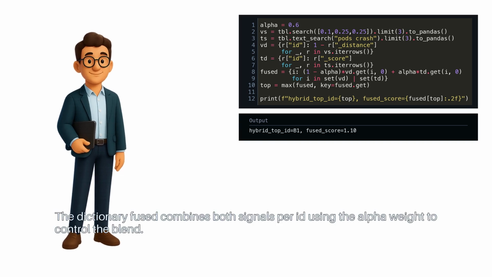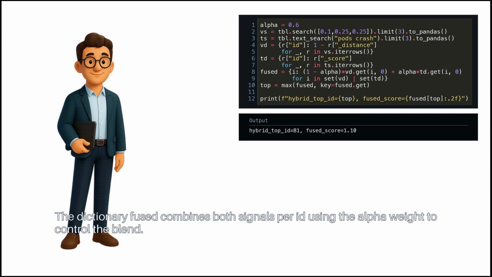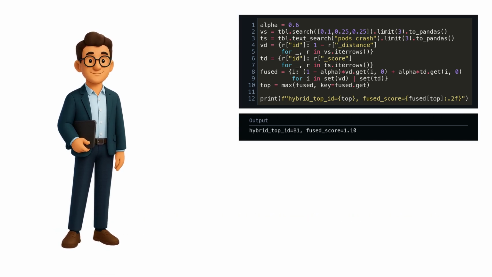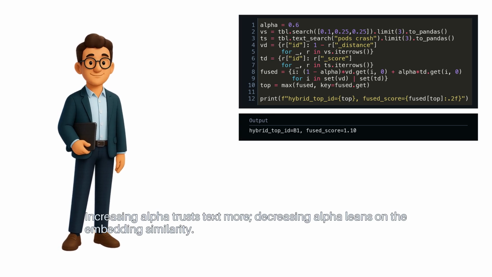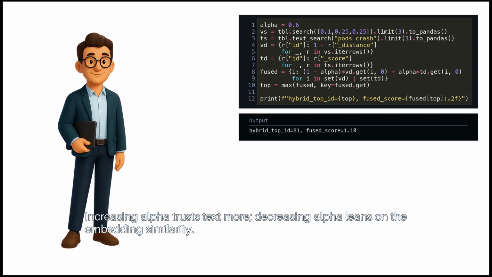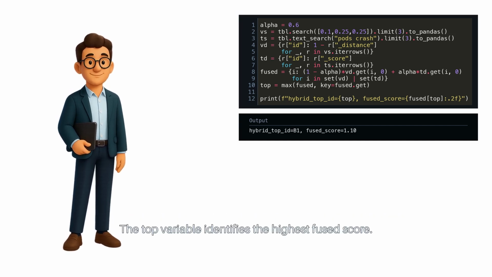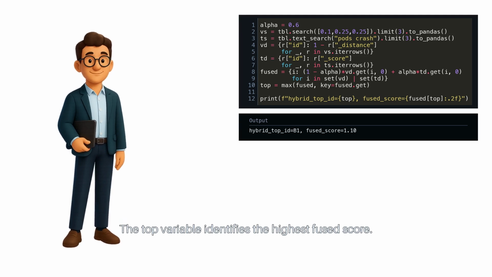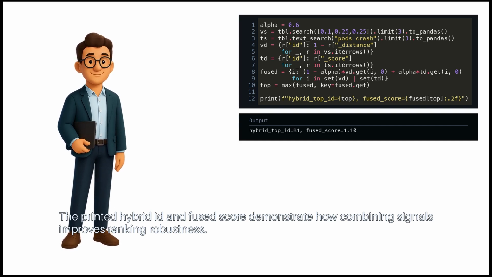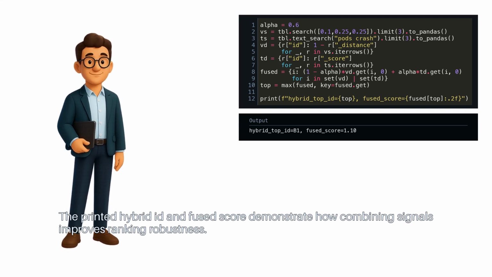The dictionary fused combines both signals per ID using the alpha weight to control the blend. Increasing alpha trusts text more. Decreasing alpha leans on the embedding similarity. The top variable identifies the highest fused score. The printed hybrid ID and fused score demonstrate how combining signals improves ranking robustness.